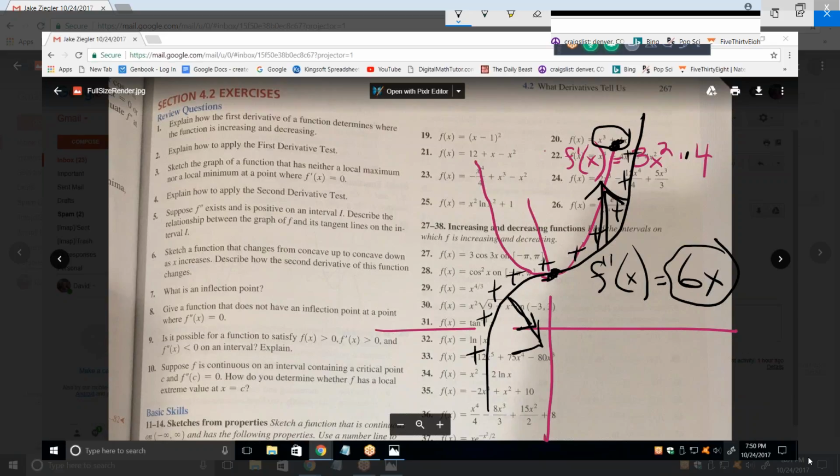That is a function that would work in terms of its derivative, where it's increasing, where it's decreasing, where its concavity is up, where it's down, where its flat horizontal tangent lines are, all of the key things.